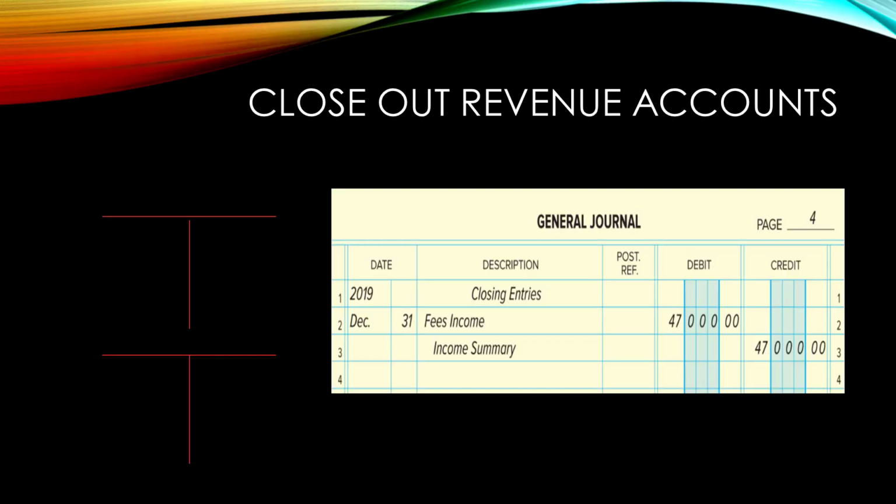The first step in the closing process is to locate and wipe out the revenue accounts. In this chapter, there was only one revenue account called Fees Income. Since the current balance is $47,000, we need to zero that out by doing the opposite.